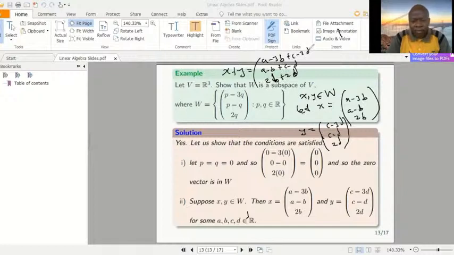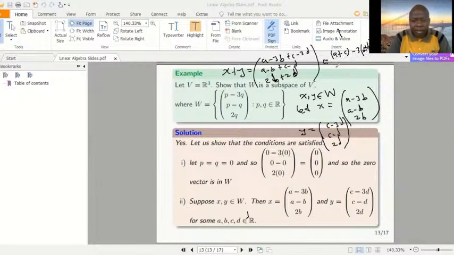So what does this give me? This is just a plus c minus 3 into b plus d.